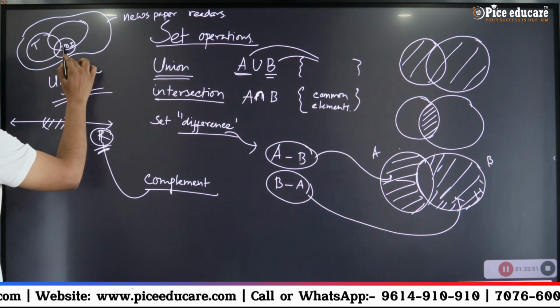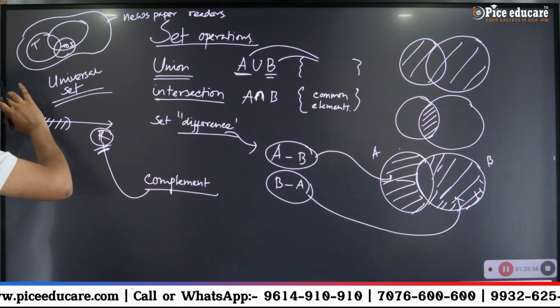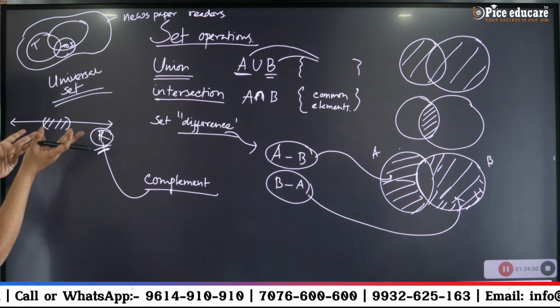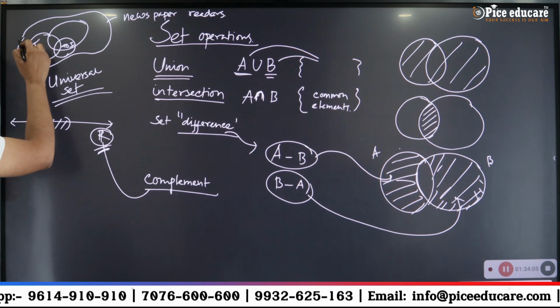So these are sets. In this context, we mean the whole set of newspaper readers, in a city or maybe in a state or maybe in a country. So this is our universal set.